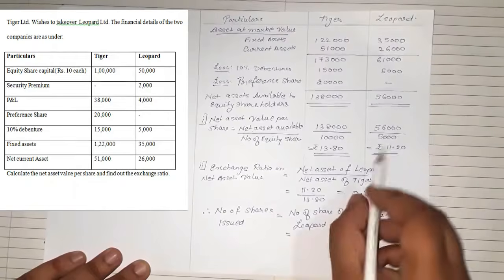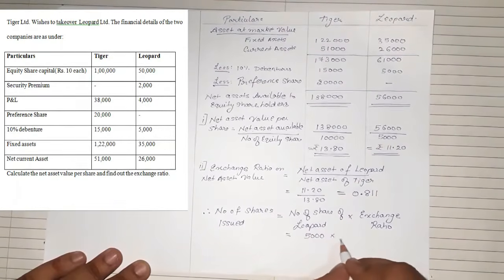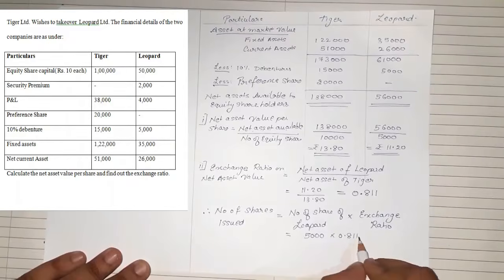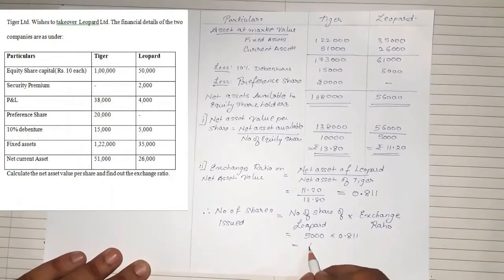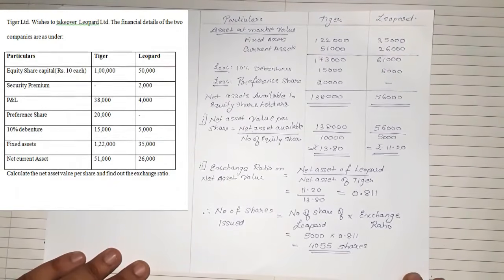So here we have number of equity shares of Leopard was 5,000 into the ratio 0.811 share. When you multiply, we got the value as 4055 shares. So in order for Tiger to take over Leopard, Tiger will have to give Leopard 4055 shares of Tiger Limited.